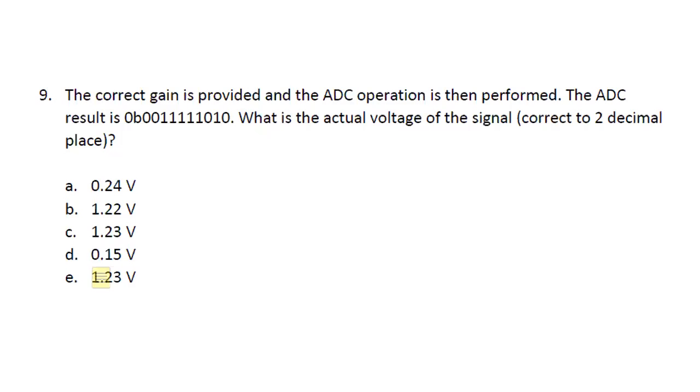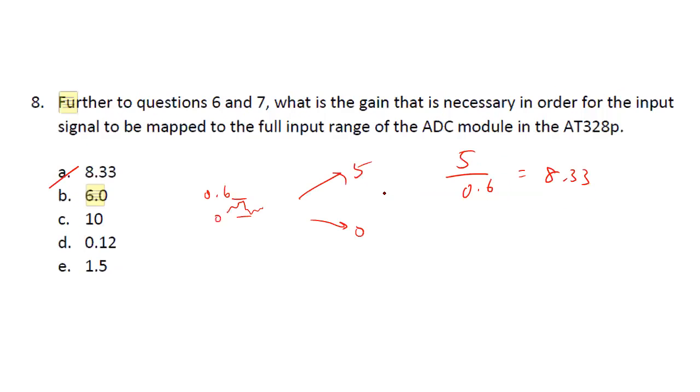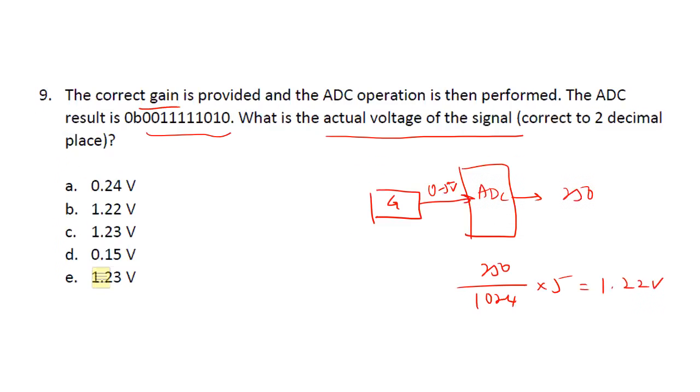Now there's still one more step, because this is the signal after the gain is applied, but the question is asking for the actual voltage of the signal. I had a gain over here, and that gain was this value of 8.33. So I had a gain of 8.33, and this is the original signal, the actual signal.